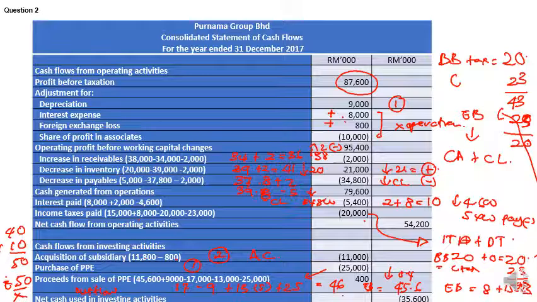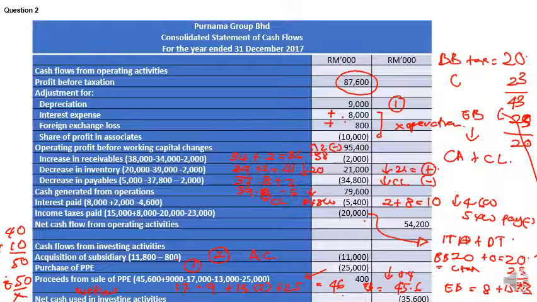Altogether you are going to have another one here, plus 25. The 25 here is from the one that you purchased. So the PPE is 17 plus 13 plus 25 minus 9.